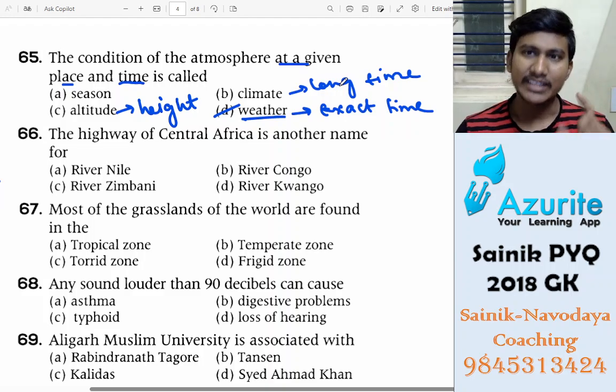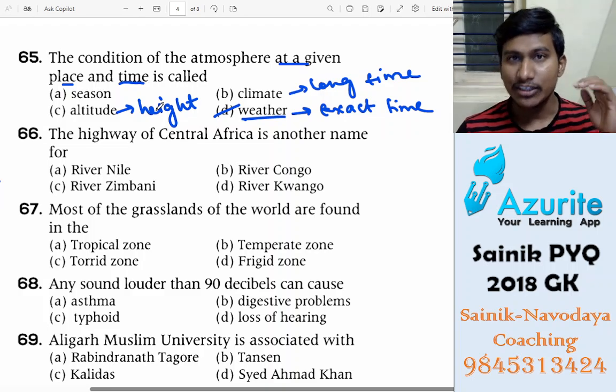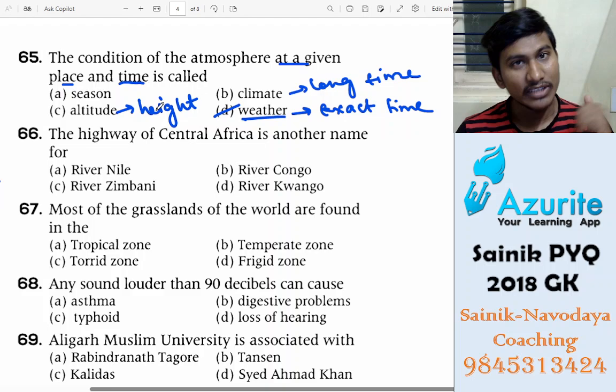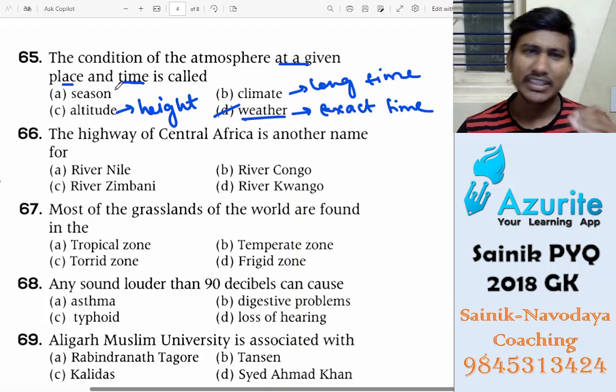So for a long period of time, it is climate; the exact time at the given time means it is weather. Altitude means height, how much height it is, the altitude of the mountain. Season, you know, rainy season, winter season and all.